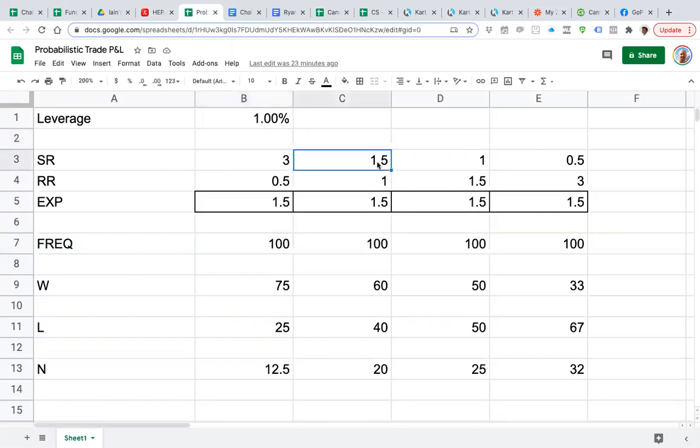Typical one being one where you have a 60% win rate, which is a 60-40 success ratio, which is equal to 1.5 to 1, with a reward to risk ratio of 1 to 1, giving us an expectancy of 1.5 to 1, which basically means that for every dollar you lose, you make $1.50. And that all works out over 100 trades to give you gross winnings and gross losses with a net of 20.